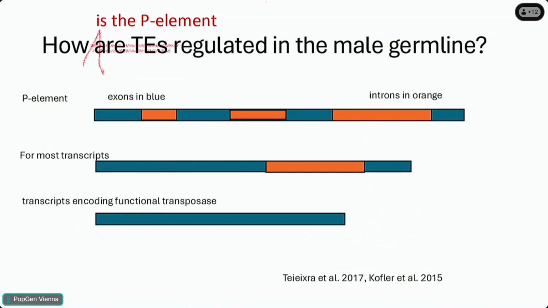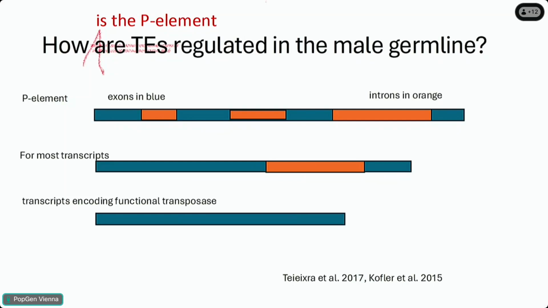Most P element transcripts, okay, start over. The P element has 3 introns, 4 exons. The exons here are in blue, the introns are in orange. Those introns need to be spliced out in order to make a functional transposase protein.